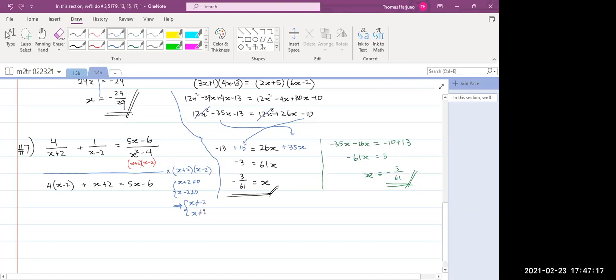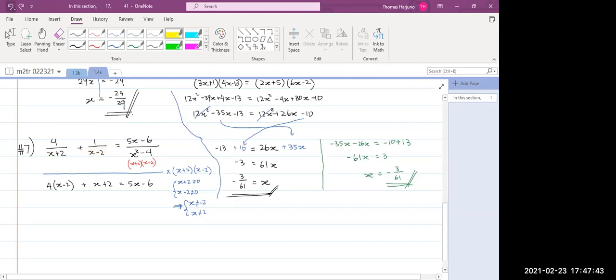Why? If x were 2, you will get 0 at the bottom, and therefore undefined. If x were -2, you will get 4 over 0 here, which is undefined for this term. So when we multiply by the LCD, keep in mind that our final answer should not include the zeros of the denominator.